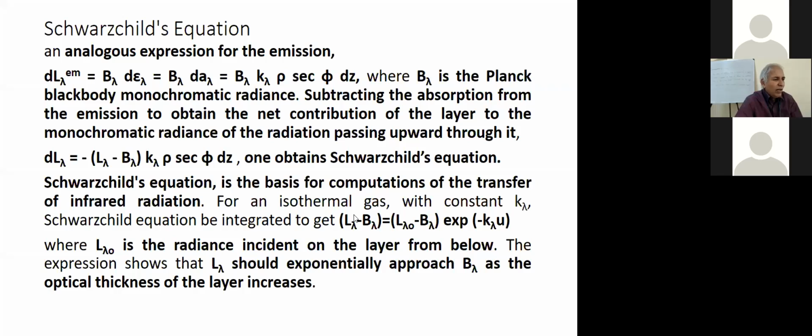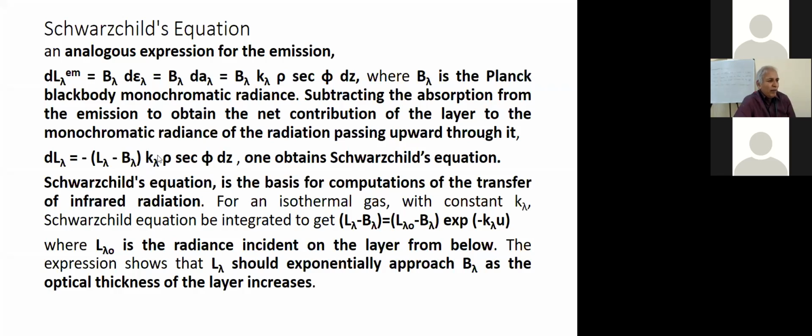This we call the Schwarzschild equation. This is a very, very important equation, and it will form the basis for our radiative transfer equation, which we will use to actually retrieve the atmospheric temperature as well as the water vapor profiles using satellite observations. So the Schwarzschild equation is the basis for computation of the transfer of infrared radiation in the atmosphere.